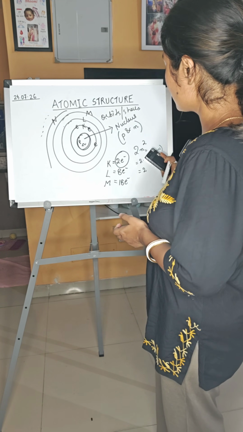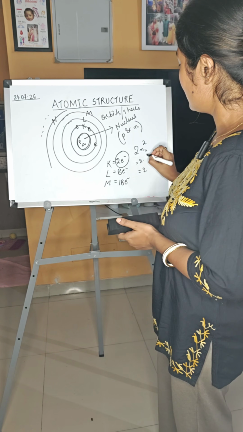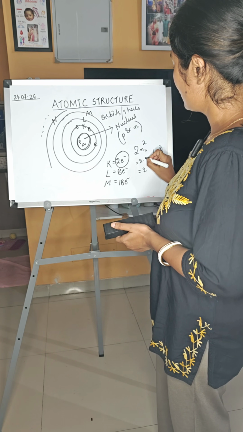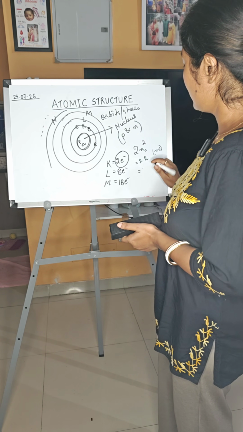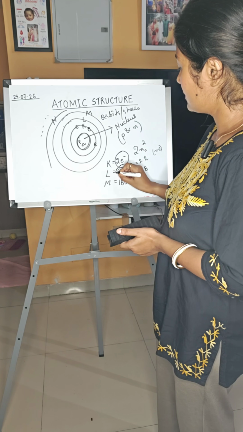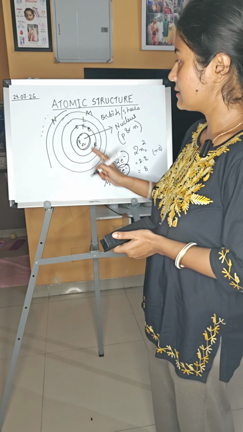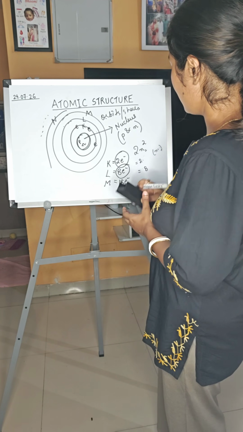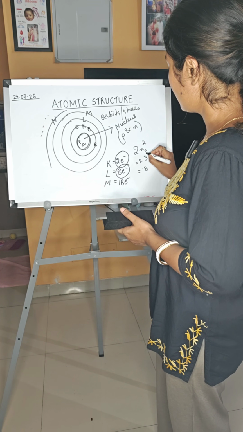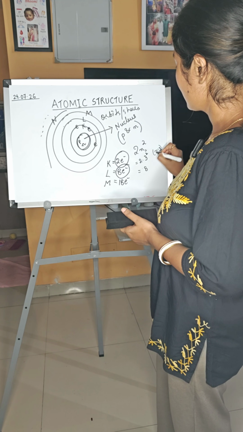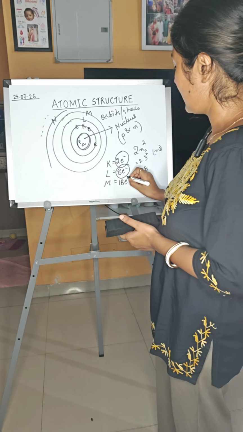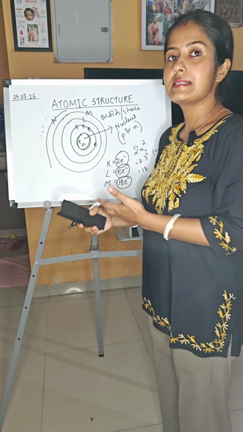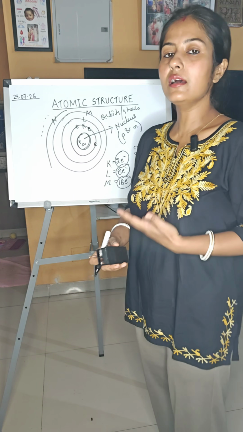Now for the L shell, n will be 2. So it will be 8. So this is the maximum capacity of L shell. Now for the third shell, n will be 3. That is 18 electrons. So this is how electrons are accommodated in the shells.